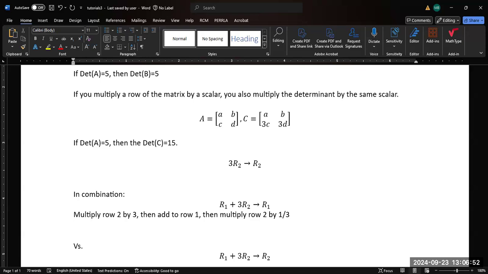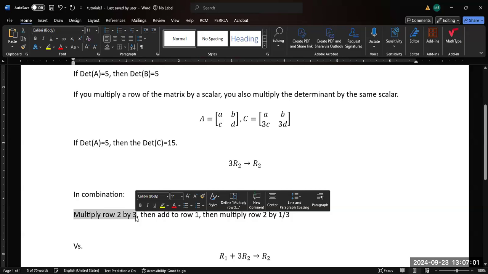Row 2 is still itself. So we've actually needed 3 operations to perform this. We have multiplied by 3 in row 2, so that increases the value of our determinant by 3.